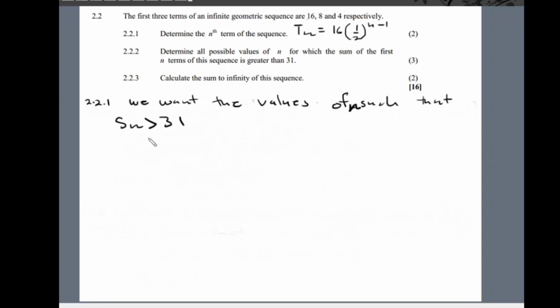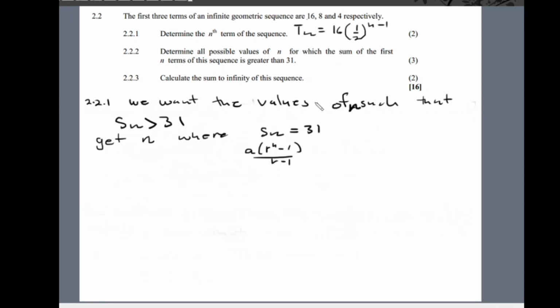So in order to do this, we have to find the value of n where the sum of the first n terms is equal to 31. Let us first get the value of n where the sum is equal to 31, right? So we know the sum of a geometric series is a times r^n minus 1 divided by r minus 1.